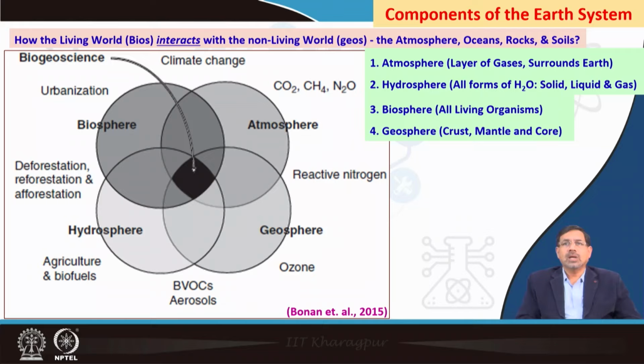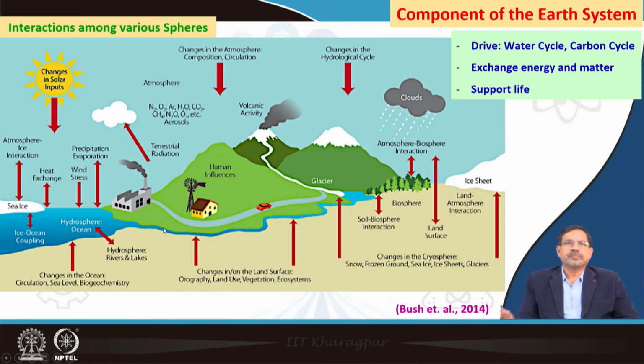So biosphere, all the living organisms; geosphere, the crust, the mantle, and the core; atmosphere, the layers of gases around the earth; and hydrosphere, that mostly talks about the cycling, particularly among and between all the different phases of water.